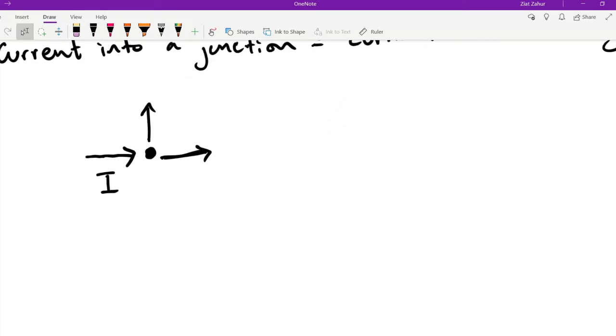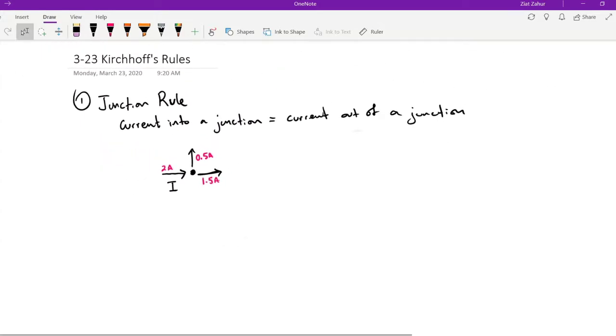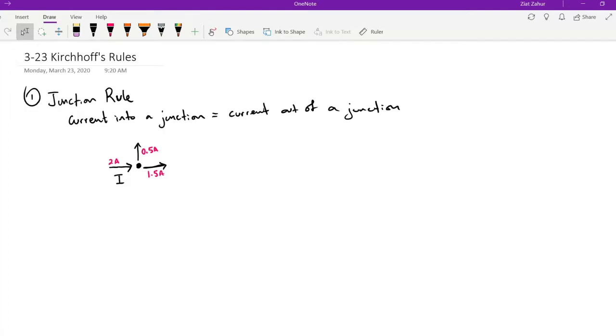So if they say that this is 2 amps going in, and this is 0.5 going upwards, that means whatever's left over must be going to the right. Okay, so whatever goes in must equal whatever comes out. Simple as that.